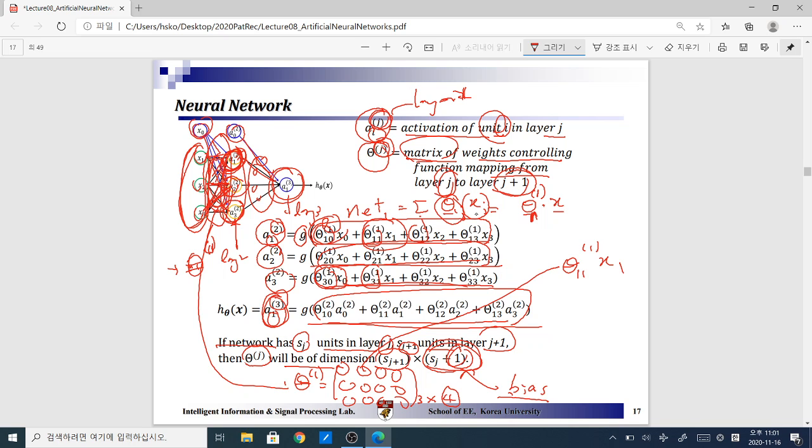So this would be a matrix, seeing what is in front, toward the destination, as well as where it came from. And where it came from should also have this bias unit added as well.